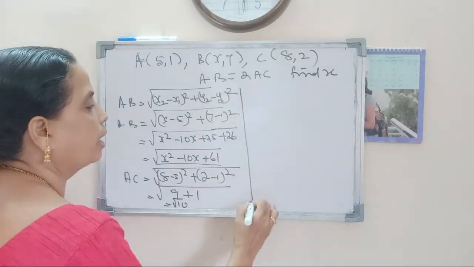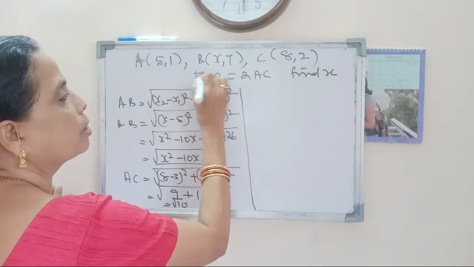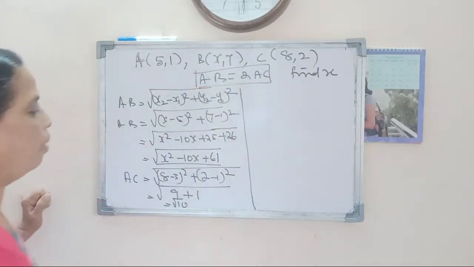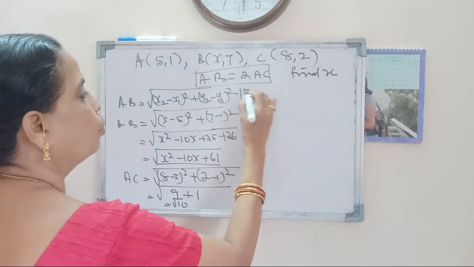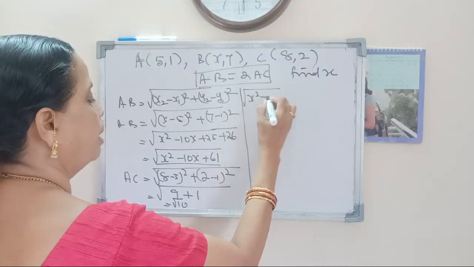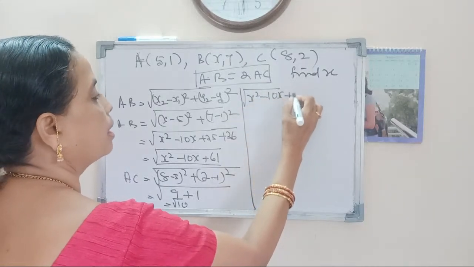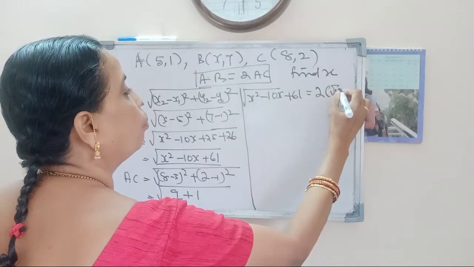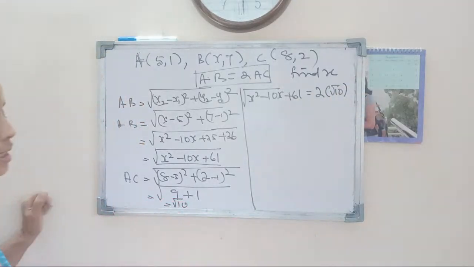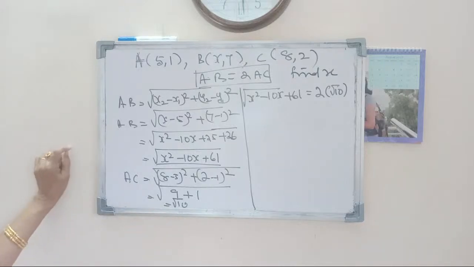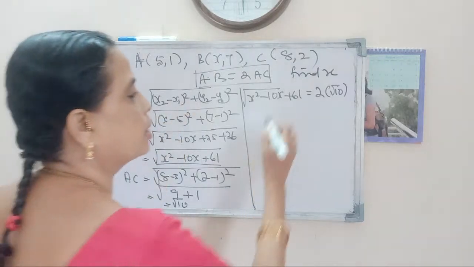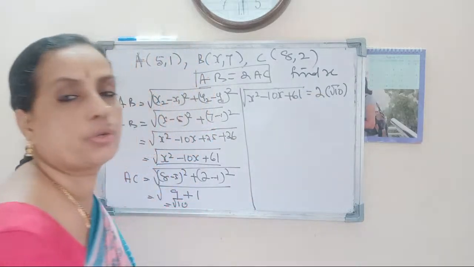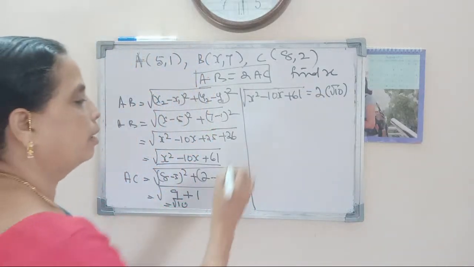Now the condition AB equals 2 AC. What is AB here? Root of x square minus 10x plus 61 equals 2 into root 10, as AC is root 10. So in order to take off the square root, we square it on both sides.